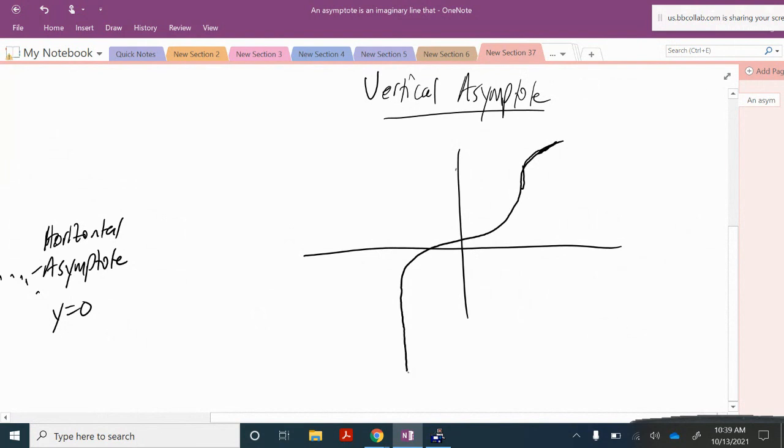All right, so let's say this is the graph, and this would serve as the vertical asymptote. This would be that vertical line that your graph would come close to but never actually touch.